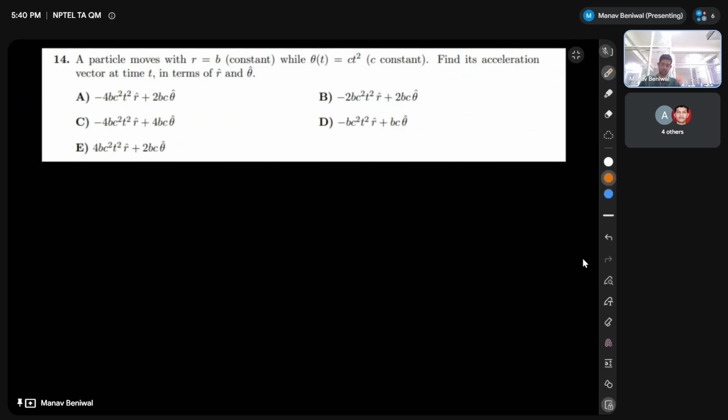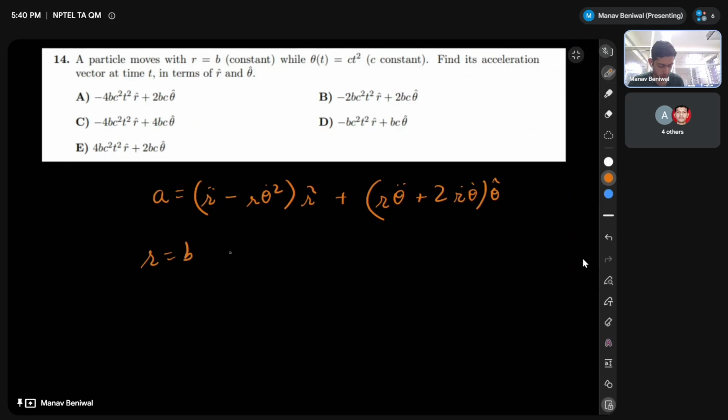We have already seen how our acceleration has two components. Let's write them again. So the r component is simply r double dot minus r theta dot squared, and then we have the theta component. Okay, so r is equal to b, which is a constant.